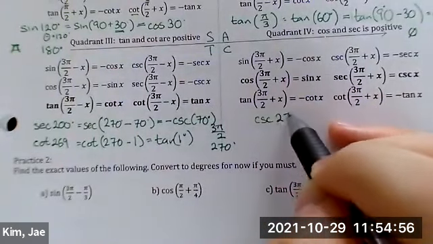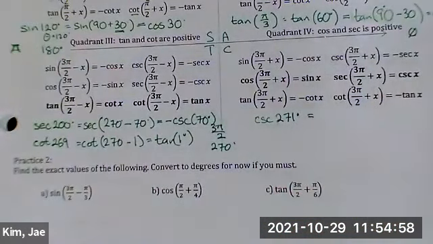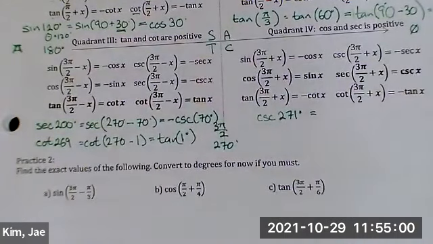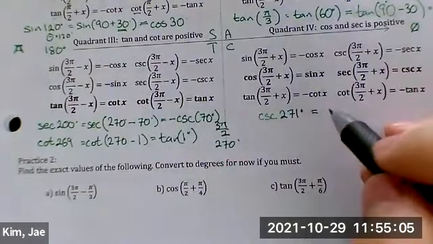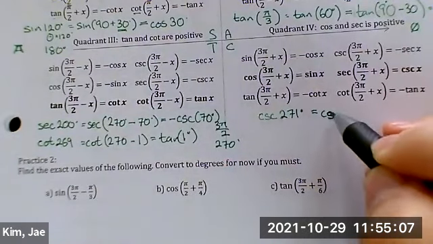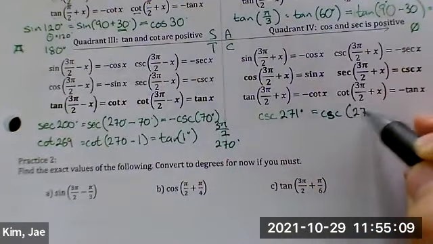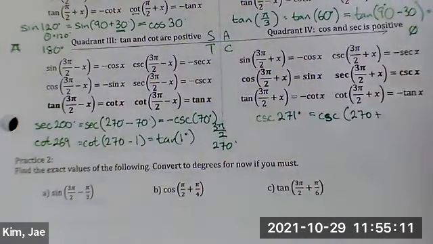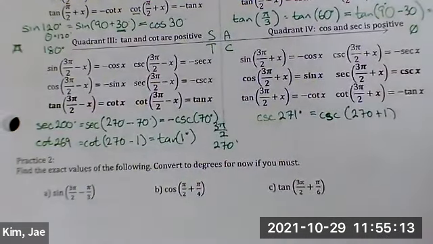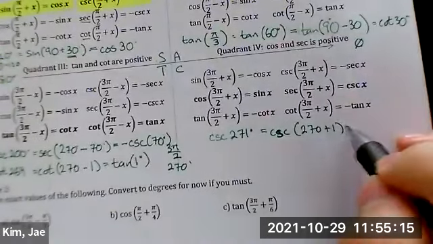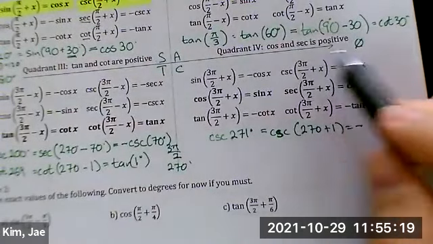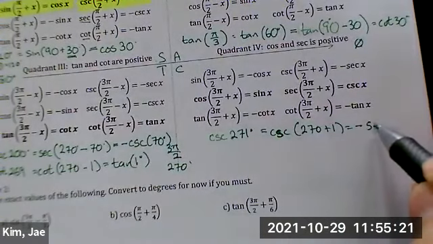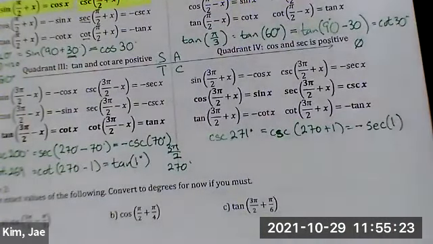Cosecant of 271 degrees, you know that is in quadrant 3, and we can rewrite that therefore as 270 plus an angle, which in this case is a 1. And then let's convert that into related. That's going to be negative secant of 1 degree.